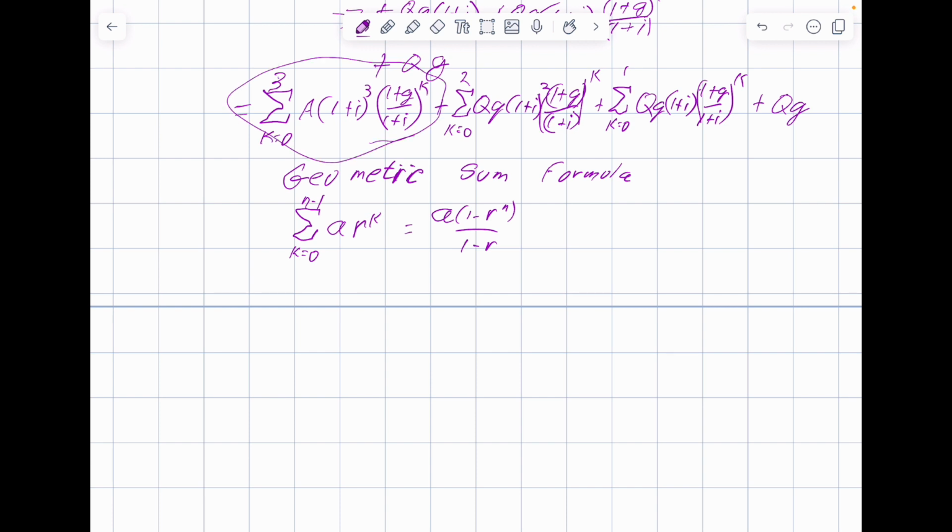We can see that this term now fits the form of the geometric sum formula, where this first term here is equal to a. So we can write this whole term in this closed form.